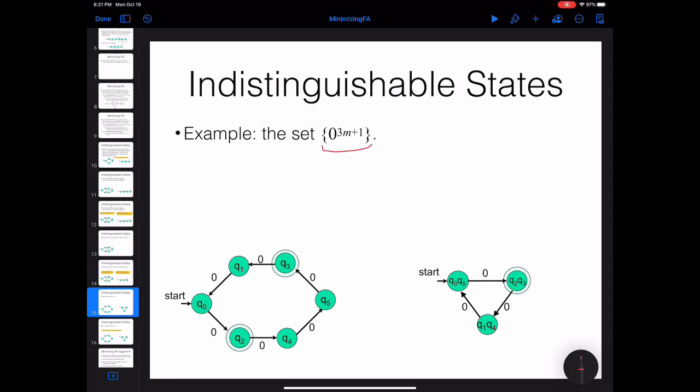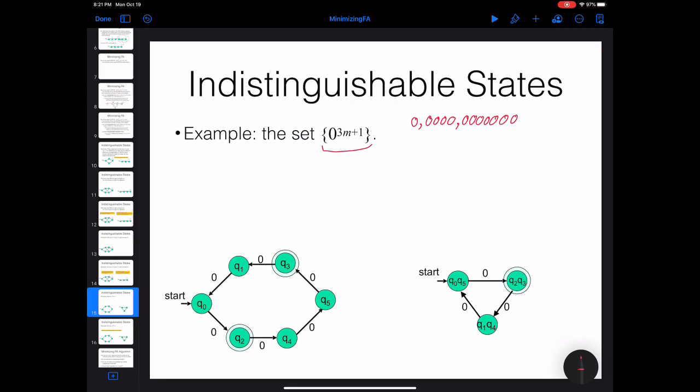So all the strings like one 0, or four 0s, or seven 0s, all these strings, the length of the string mod 3 is equal to 1, right? From Q0 you go to an accepting state by seeing a 0. By seeing 3 zeros, it's just moving until it goes to another accepting state.